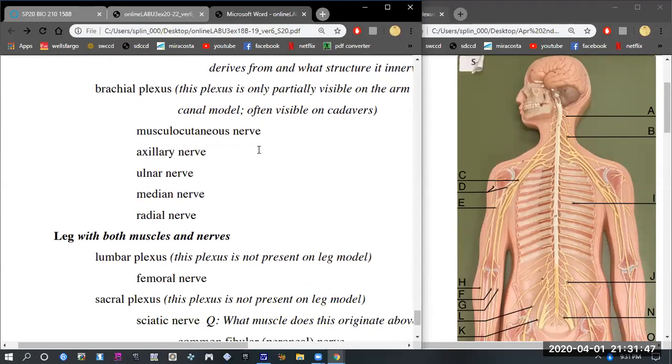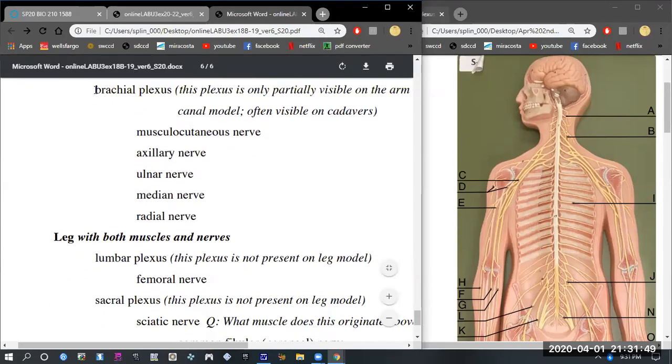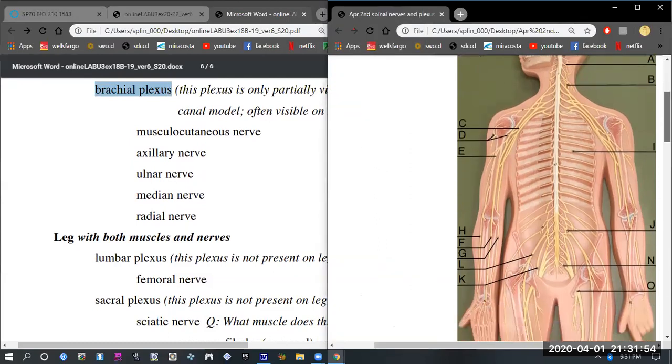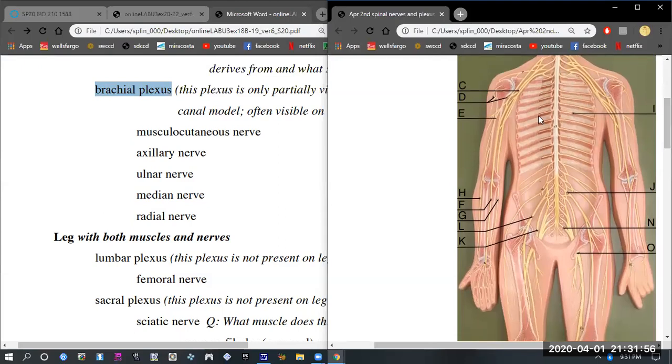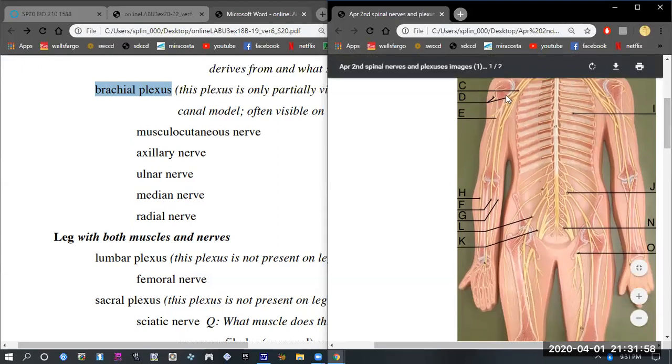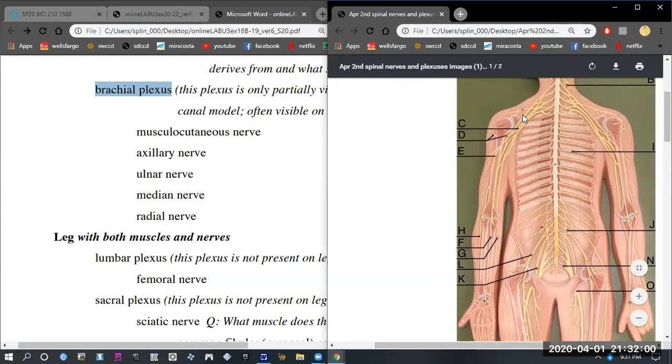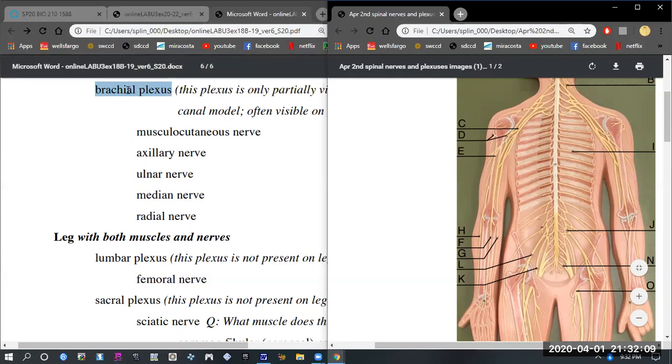And we're just moving down the lab list. Brachial plexus, brachium is in the arm. So let's just scroll down a bit here. So you notice this letter C, and we're seeing now the bundle, the interconnected network of nerves. All of that in area C right there is the entire brachial plexus.